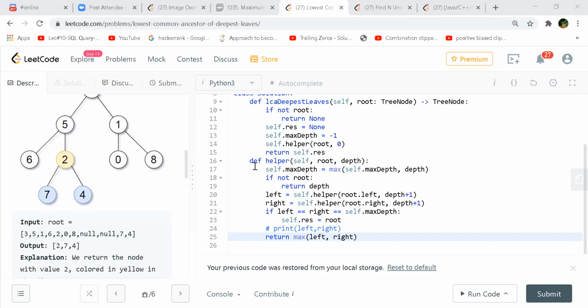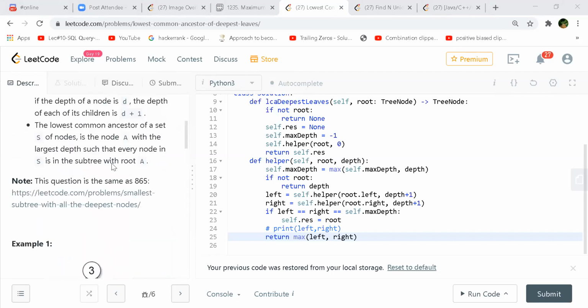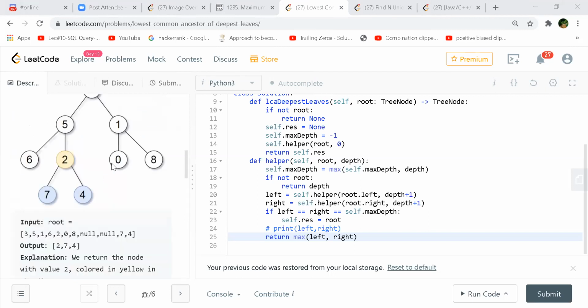Actually, in this question, we need to find the smallest subtree with all the deepest nodes. This is why when we were removing 6, 7, and 4, the smallest subtree with all the deepest nodes will be rooted at 3.